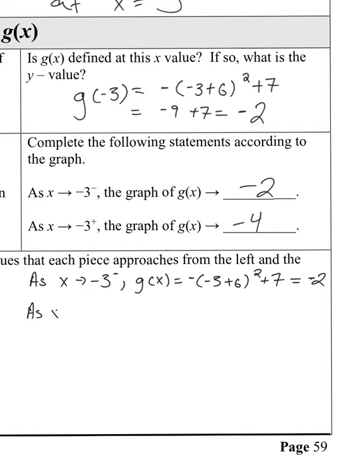And as x approaches -3 from the right, we have g of -3, it should be -3, not x, being equal to -3 plus 3 minus 4, and we get -4.